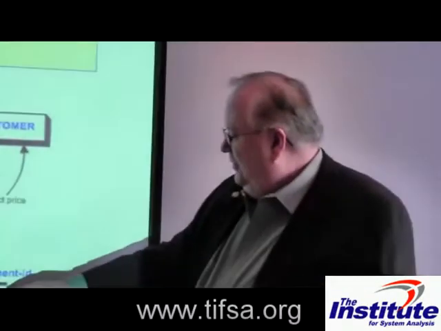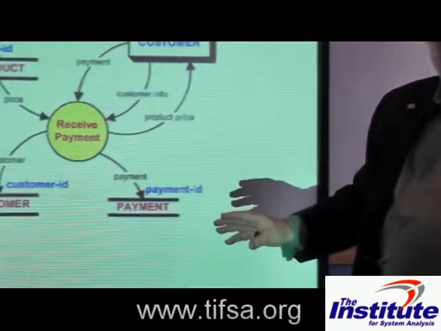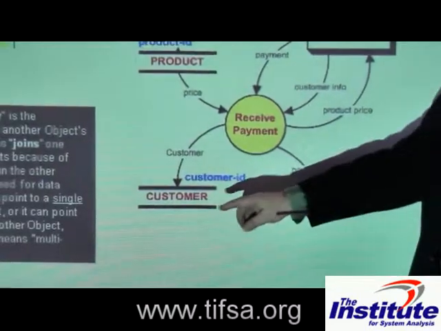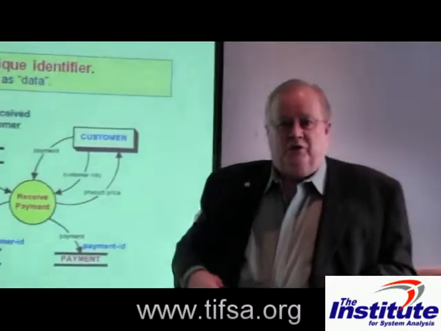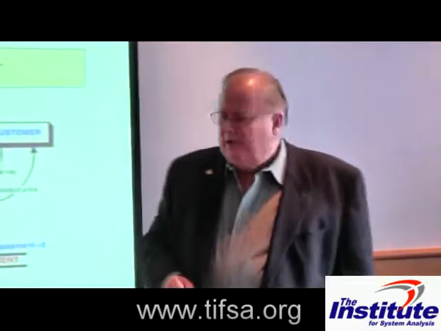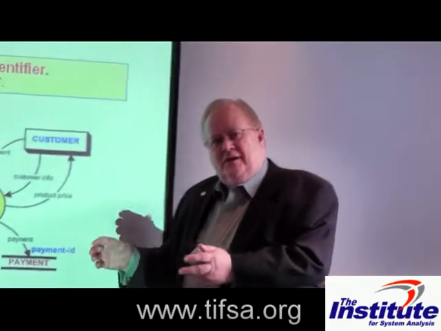Payment as an object, your unique identifier would be the name of the object and just add ID, payment ID. Customer would be customer ID. It's very simple. All it is, is just a reference point or a key, as some people would call it. And that enables us to refer to the different objects.